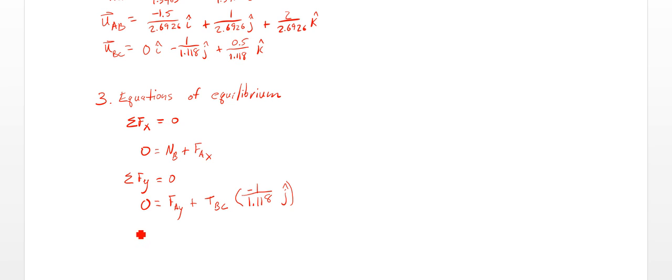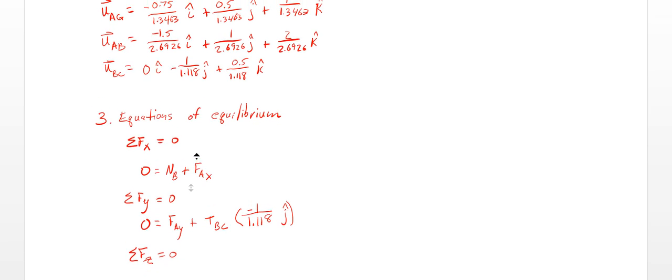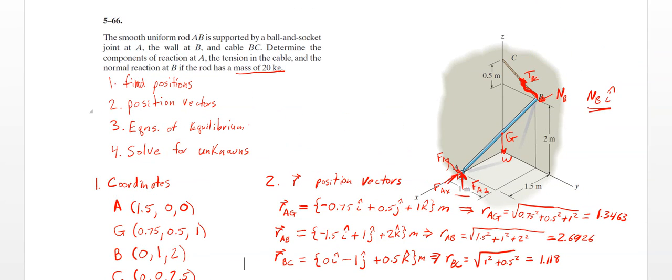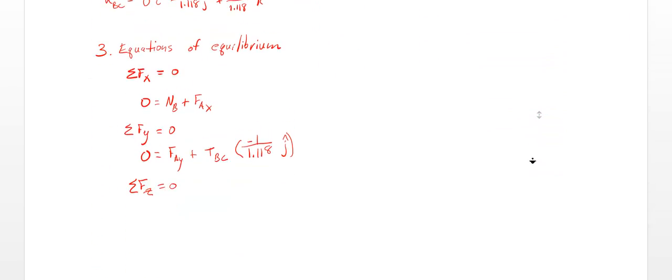And the sum of the forces in Z equaling 0. What do we have acting in Z? Let's go back up to our diagram. We have this reaction force, we have this weight, we have some component of this tension in Z. So we'll include that.